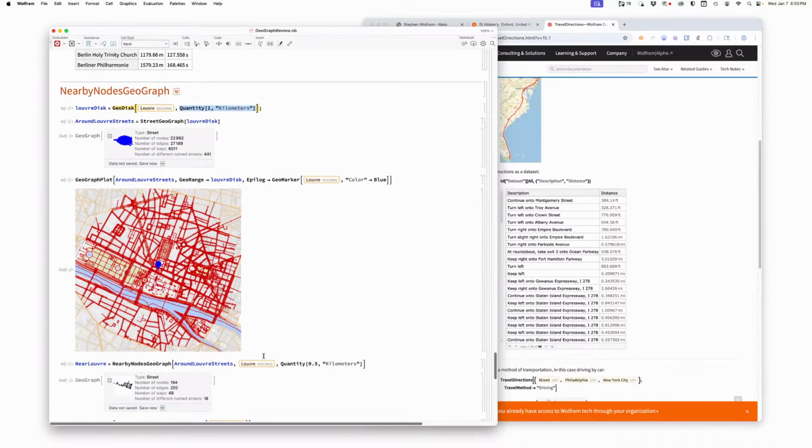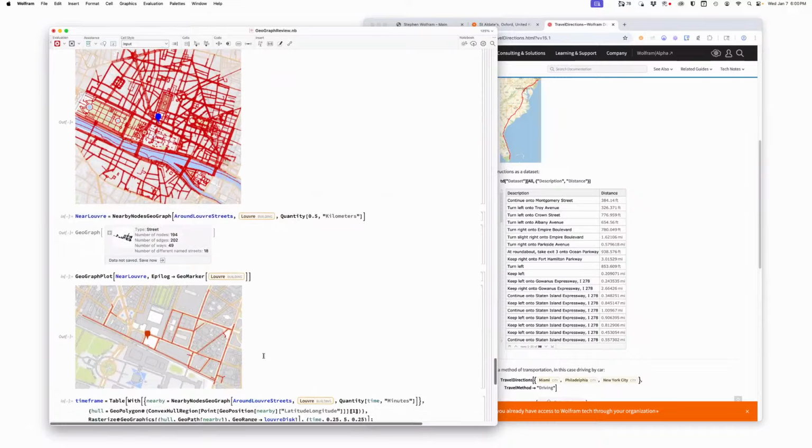So what are we doing with nearby nodes? What does that mean? What is a nearby nodes graph? It's how far can you get from that point, traveling the paths available. I don't understand. So the first argument of nearby nodes is the GeoGraph object. Yep.